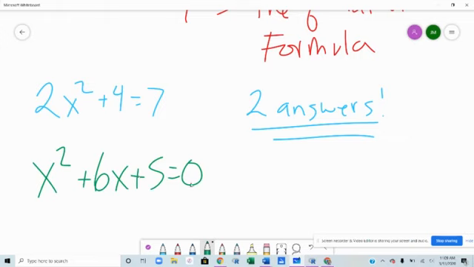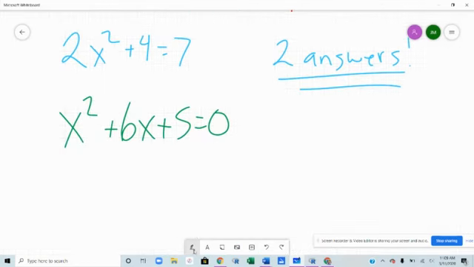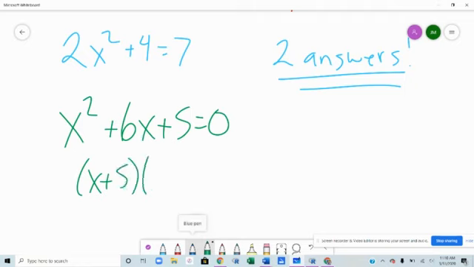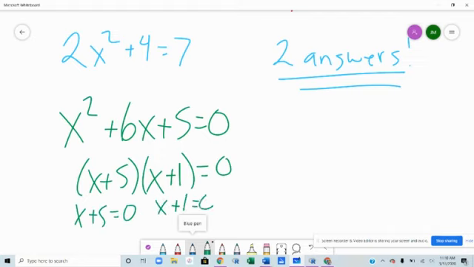You can subtract this 5, but these aren't like terms that you can combine. So instead, you could factor, and you got two sets of parentheses equaling 0. Then you set one equal to 0 and the other equal to 0, and you could pretty easily solve those for x. You still would get 2 answers.